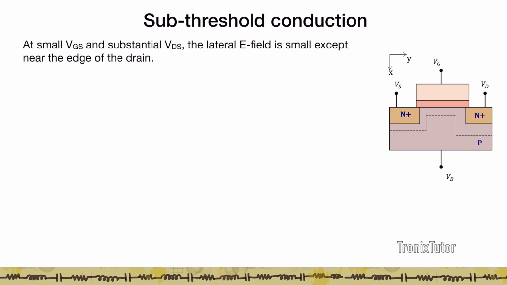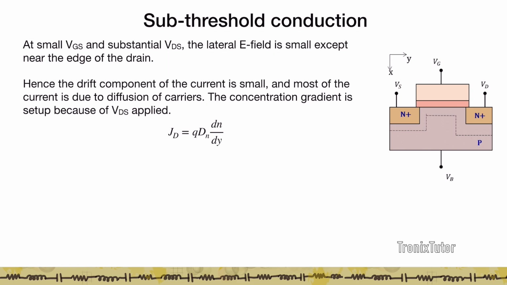When you apply a large VDS, remember that because there is no electron channel present between the drain and source, a large part of the VDS essentially falls across this reverse bias junction. And so we expect this lateral field to be very, very small. Why is that important?